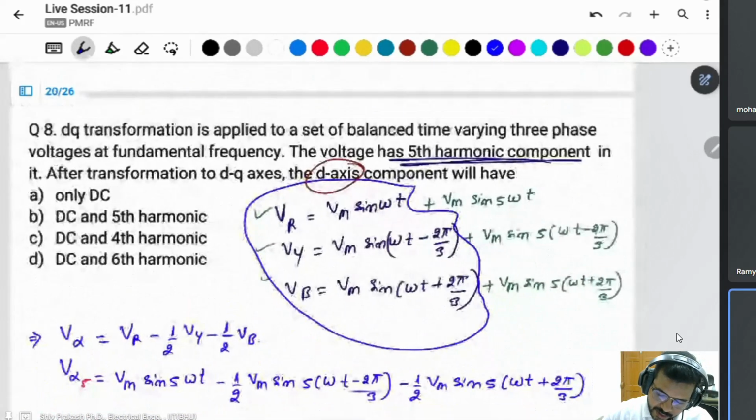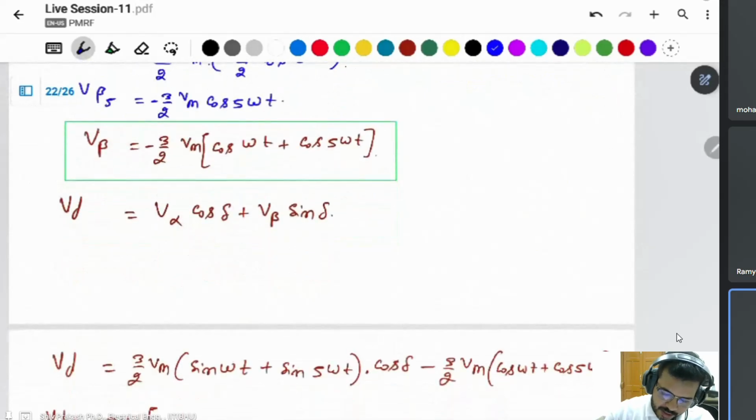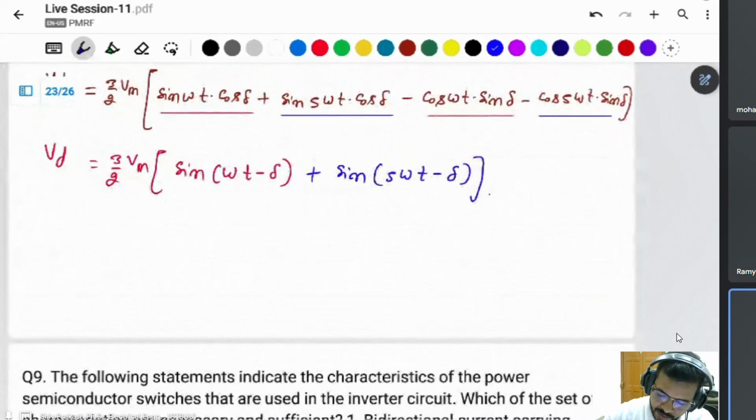Then the question given is the same fundamental frequency, it means you can say delta is equal to ωt, rotating at the same frequency, the fundamental frequency. Then put the value of delta equal to ωt.